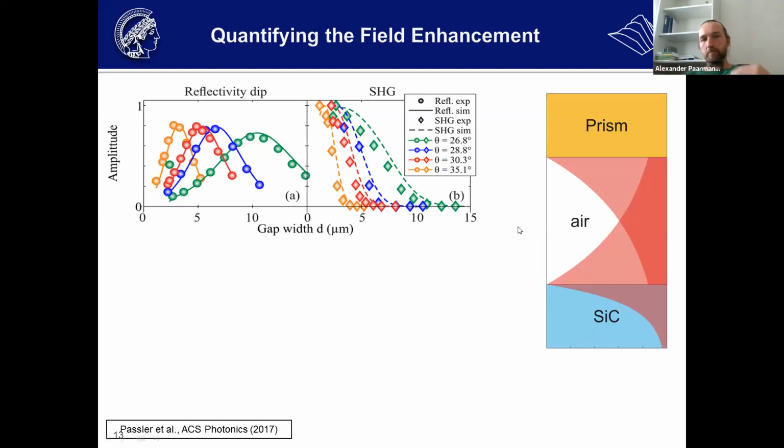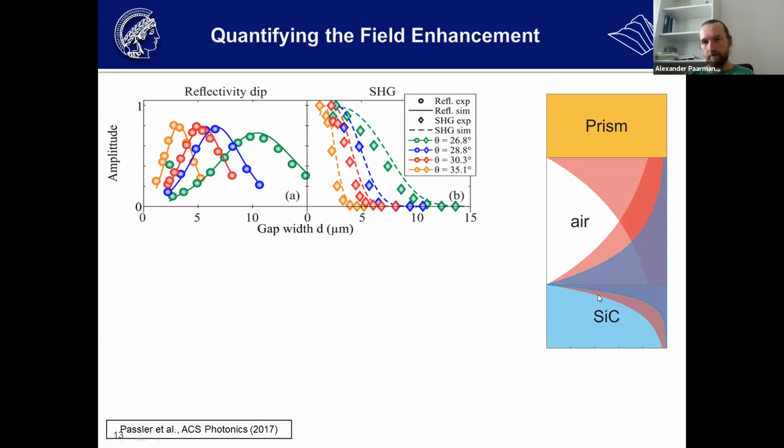So just imagine that you are at this point of critical coupling between the two evanescent waves, and now you put a lot of energy into the polariton, and this polariton generates a second harmonic field, which I draw in blue here. However, the second harmonic field is at half the wavelength, which also means that it has half the evanescent wave decay length.